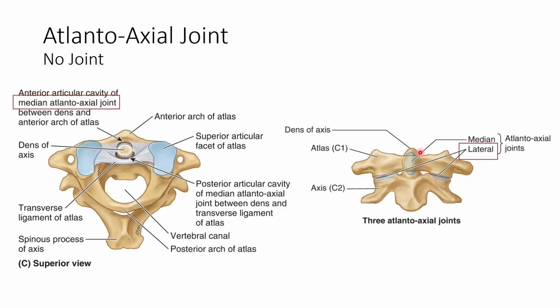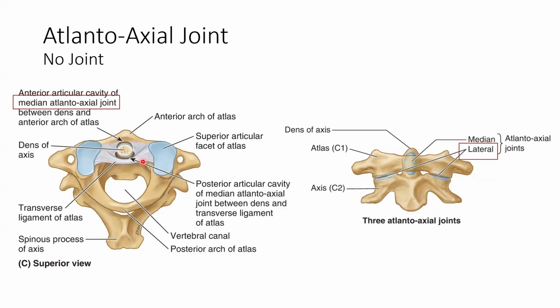But then we have a medial or median atlantoaxial joint, median meaning it's in the middle, like median plane. That median joint is between the dens of C2 and the anterior arch of C1, and then is held in place by this transverse ligament around the posterior aspect.